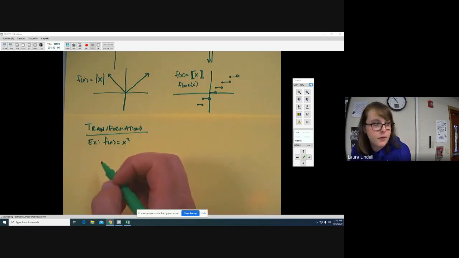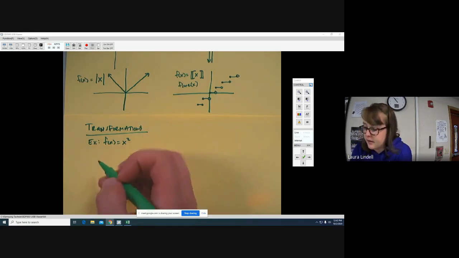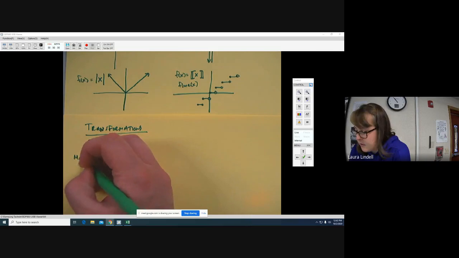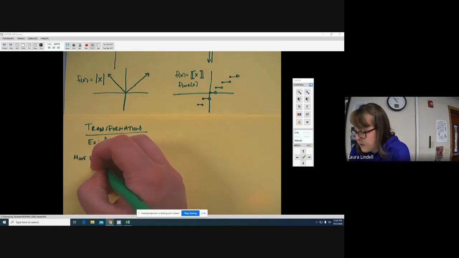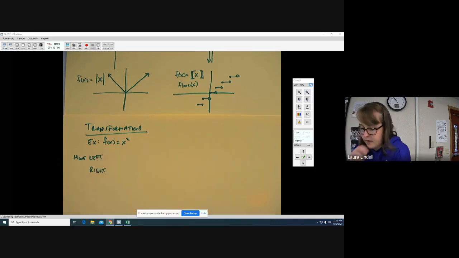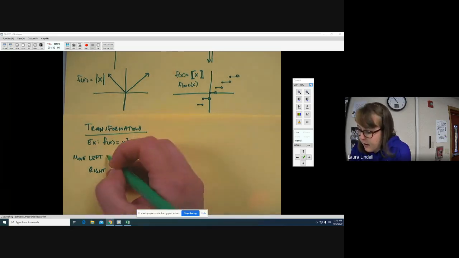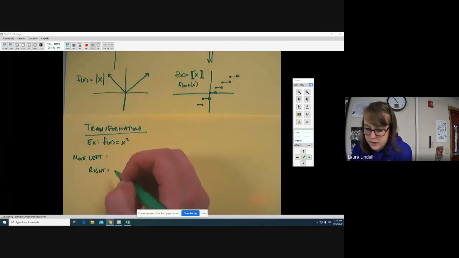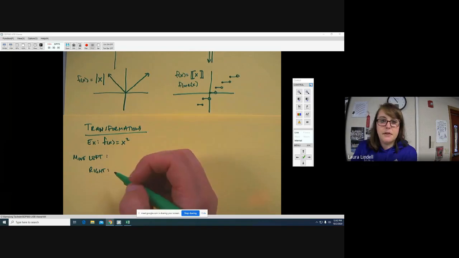Okay. All right, so the first one that we're going to have is moving it left to right. Whenever something horizontal is happening, it's going to be grouped inside with the x. And it's going to be kind of the opposite of what you would think.